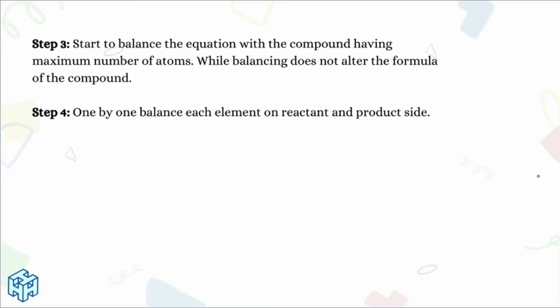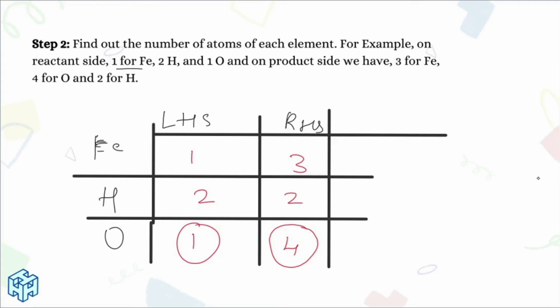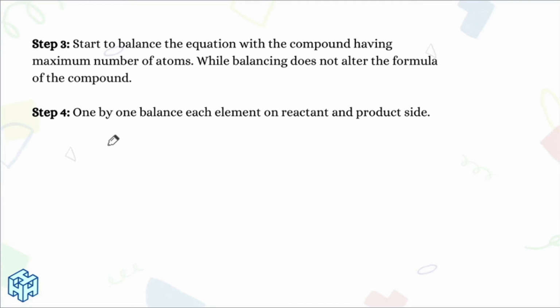What is the next element we have? Next is ferrous. After step 3 we have Fe plus 4H2O, which gives Fe3O4 plus H2.